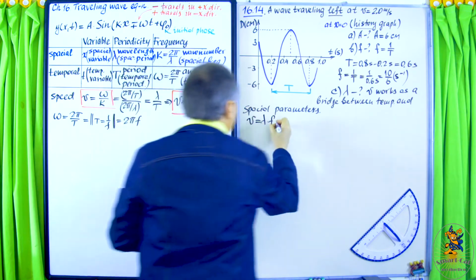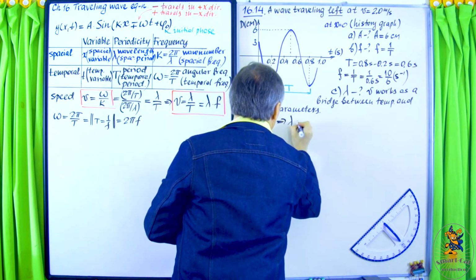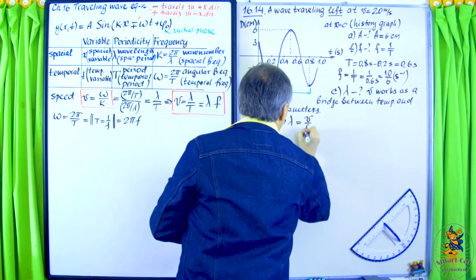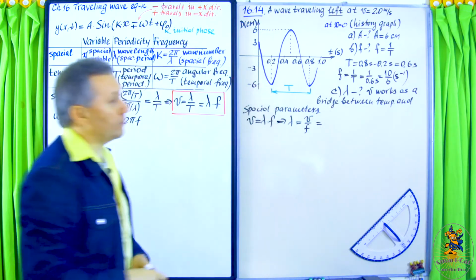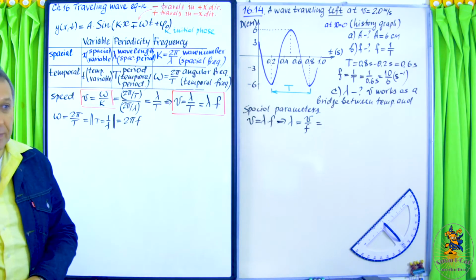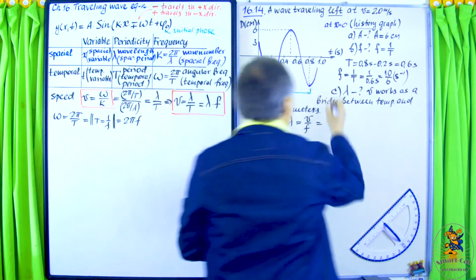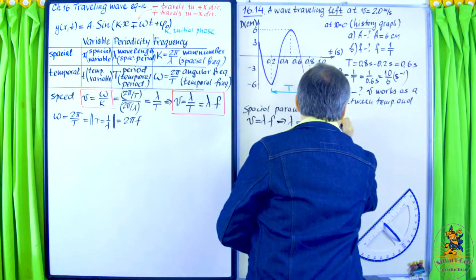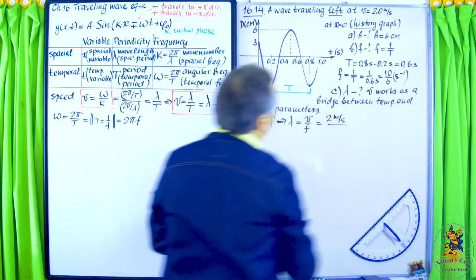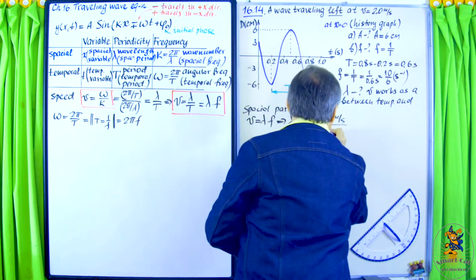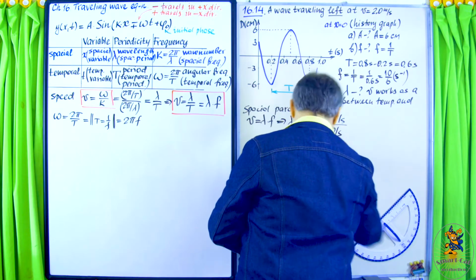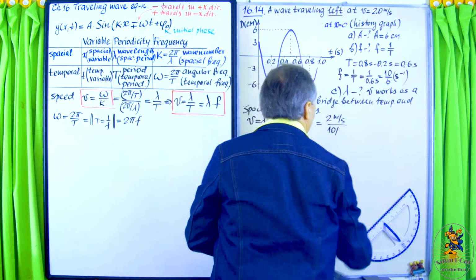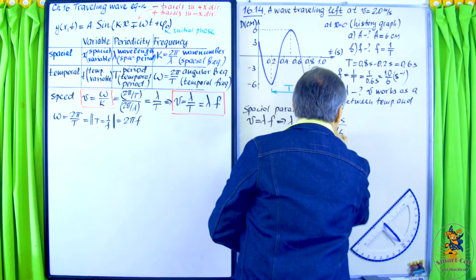V is given, so we need to find lambda. So lambda equals V over f, and f we found in part B. So V is 2 meters per second divided by frequency, which is 10 over 6.